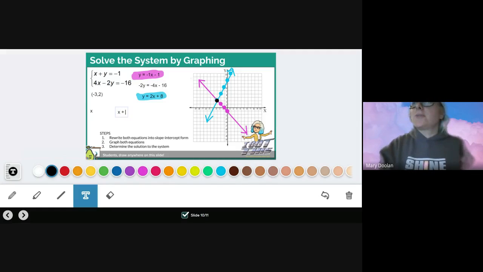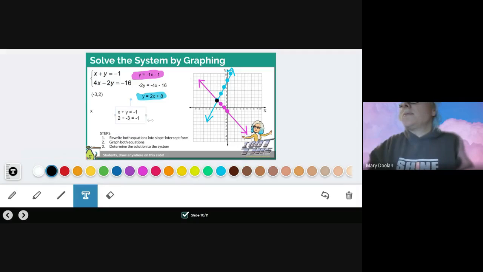X plus y equals -1, and then replacing the x with -3 and the y with 2: 2 plus negative 3, does that equal negative 1?